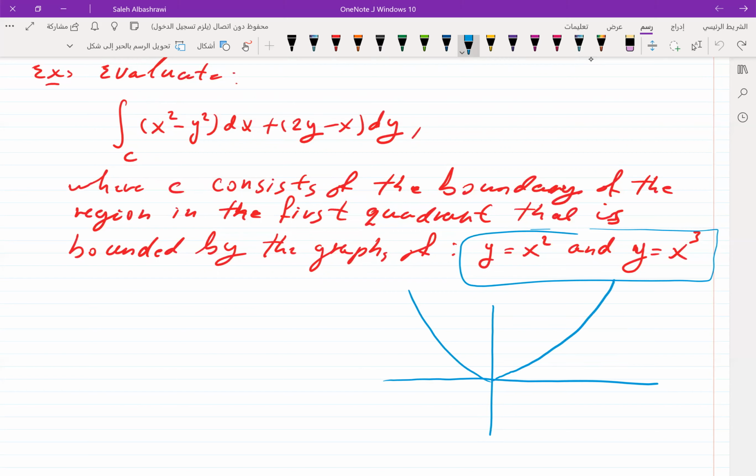And we have y equal to x to the power 3, that will be something like this, the graph of y equal to x to the power 3. So R will be the area enclosed between these two curves in the first quadrant. Now, this is R.